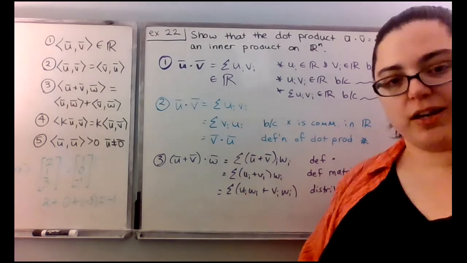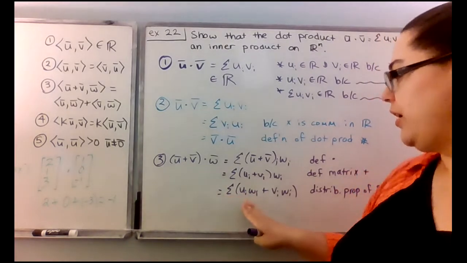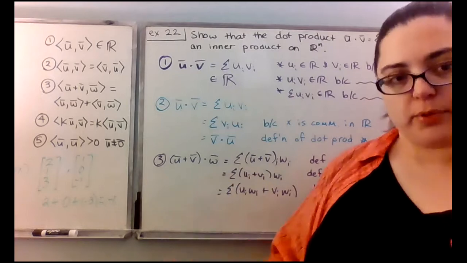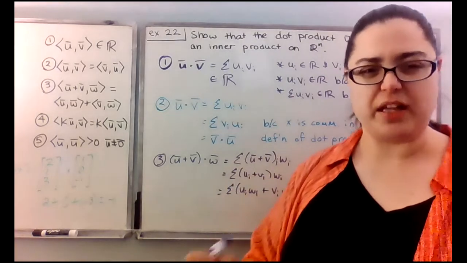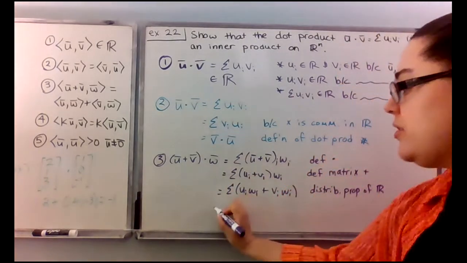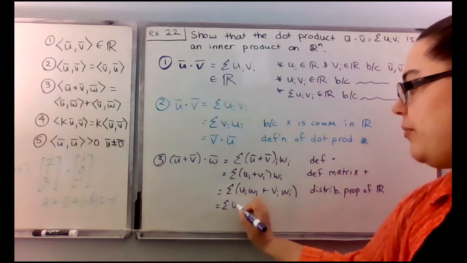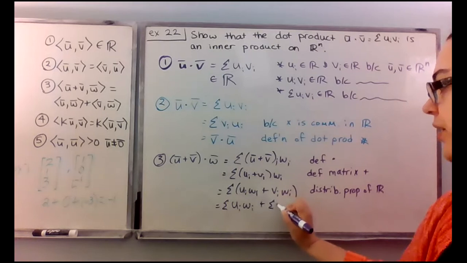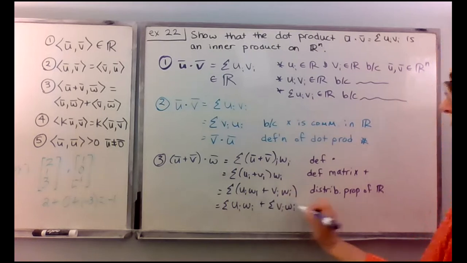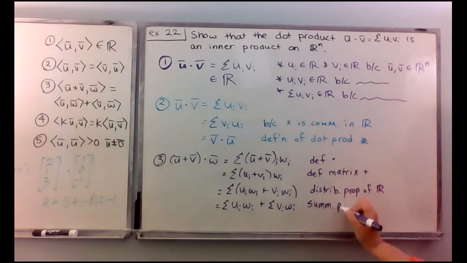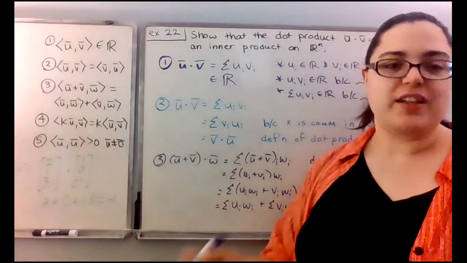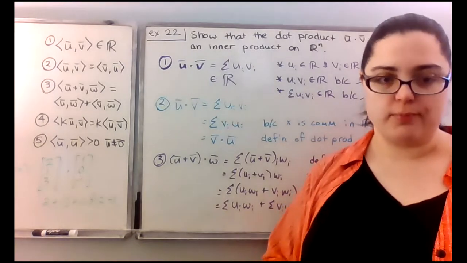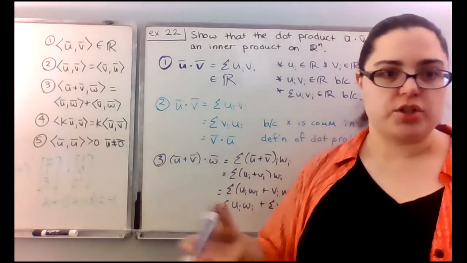And this is nice now because we have a sum of a sum. So using commutativity and associativity, we can split that up into two summations. So this is the same as the sum of ui wi plus the sum of vi wi. I'm just going to call this a summation property. But you could also say that's because of associativity and commutativity of real number addition and multiplication.